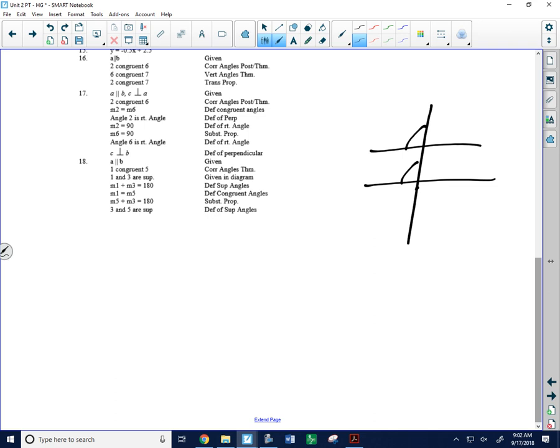And then I wanted to say something about 3 and 5. And 3 was right here. I knew 1 and 3 were supplementary. So I could then say 1 and 3, given in the diagram or linear pair, change that to an equation. Change 1 congruent to 5 to an equation. It's similar to the last one now. Then I plug 5 in there. Definition of supplementary.